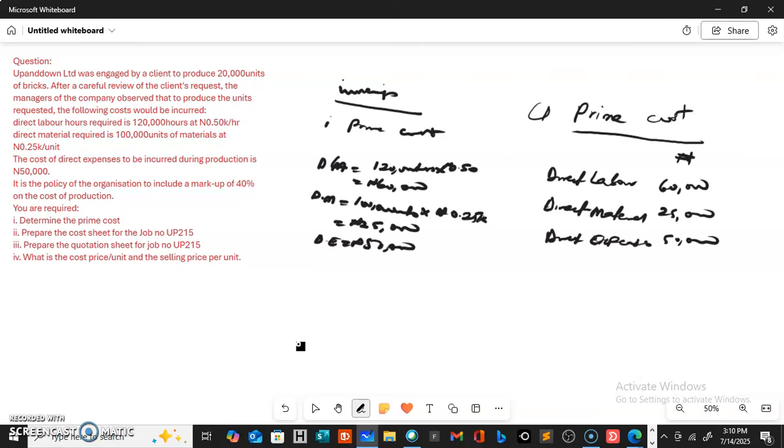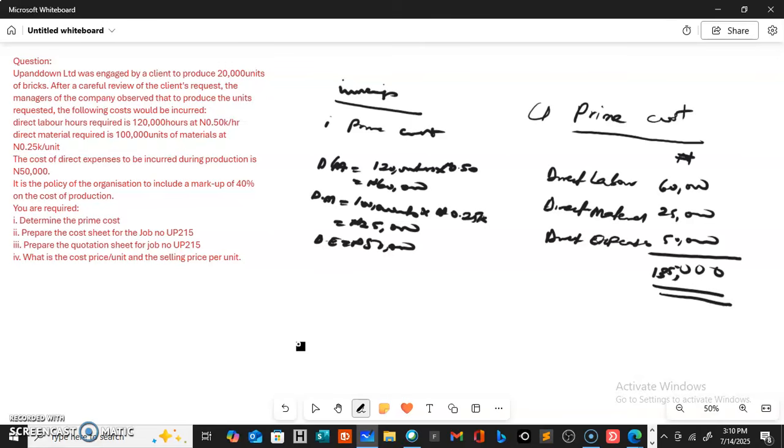So we're going to add up everything. At the end of the day, the total prime cost is 135,000.